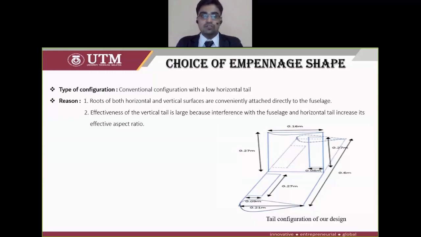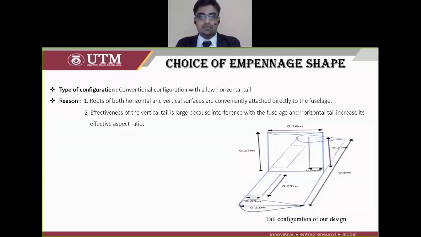This is because the roots of both horizontal and vertical surfaces are conveniently attached directly to the fuselage, and the effectiveness of the vertical tail is large because interference with the fuselage and horizontal tail increases its effective aspect ratio.